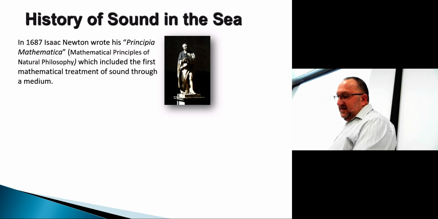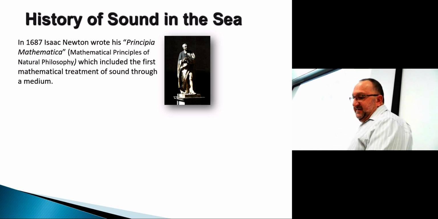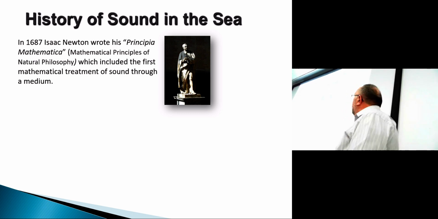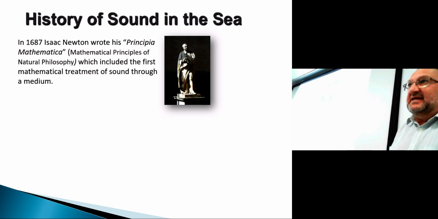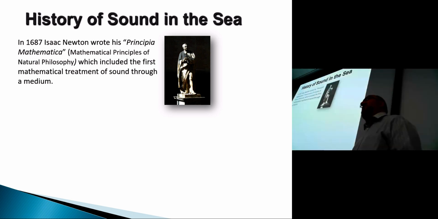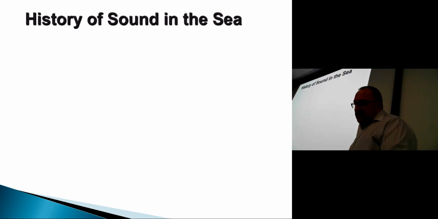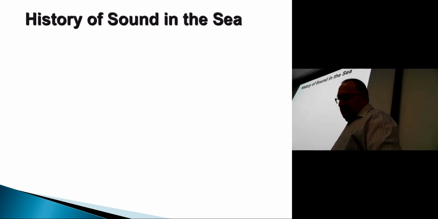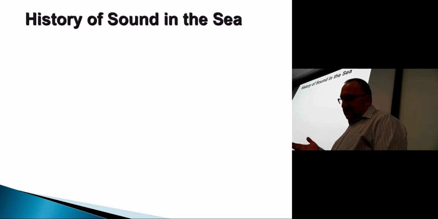We move on. In the latter half of the 17th century, Sir Isaac Newton published his famous work, Principia Mathematica. Bit of a page turner, but it basically gathered up all his mathematical knowledge into acoustic models. Newton thought that he correctly predicted the speed of sound through various mediums, either solid, liquid, or gas.